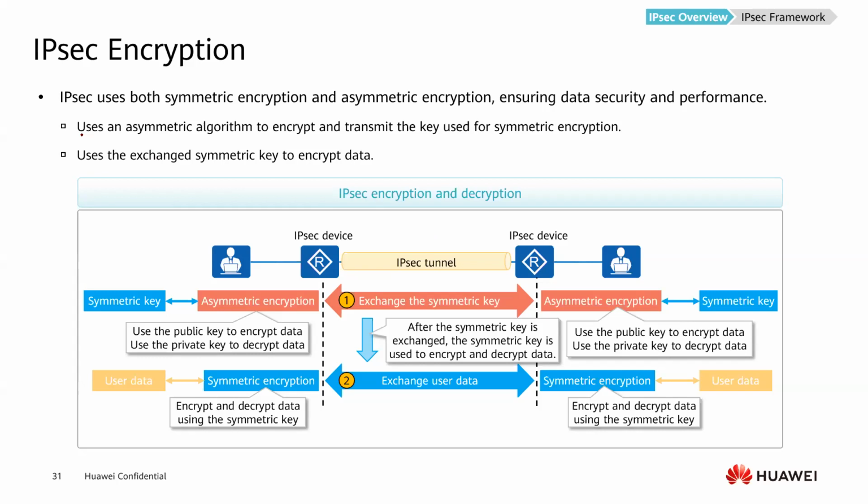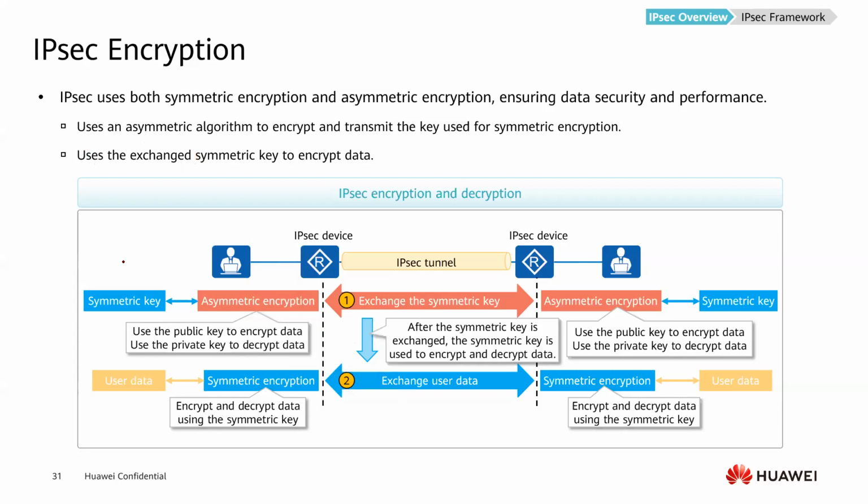First, IPsec will use the asymmetric algorithm to encrypt and transmit the key, and this key is then used to exchange the symmetric key, which is used to encrypt and decrypt the data.